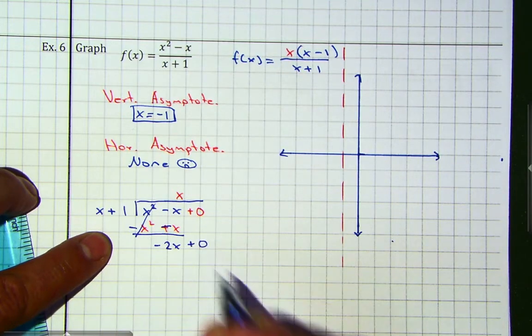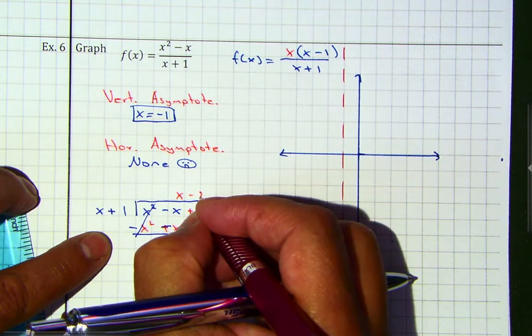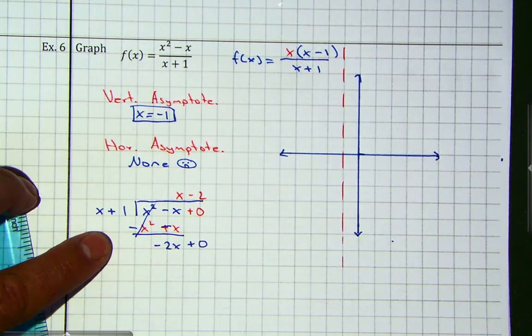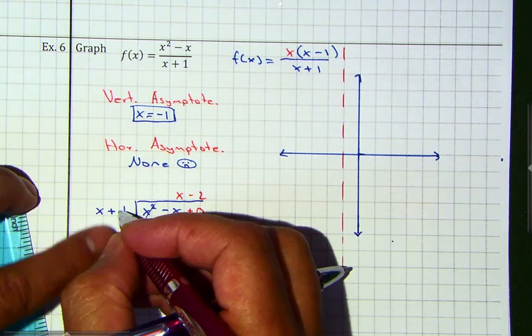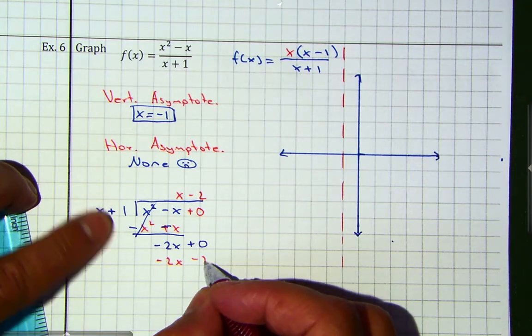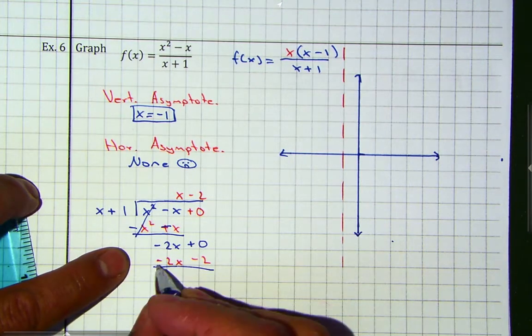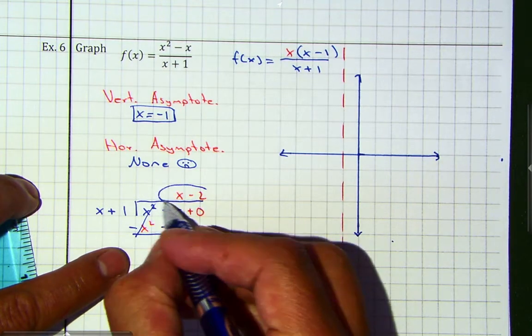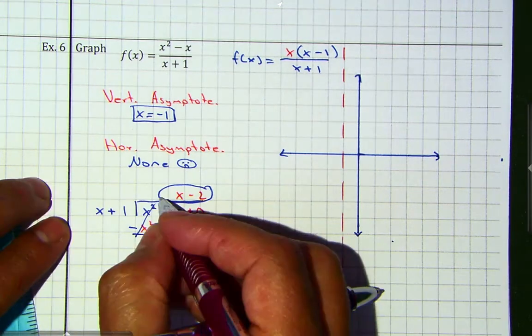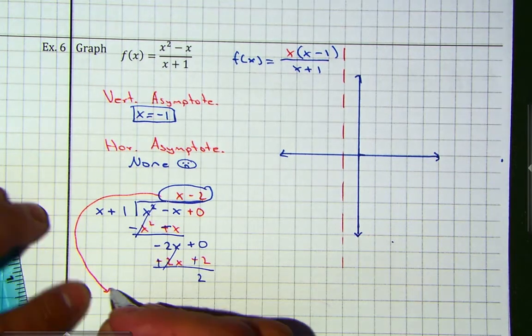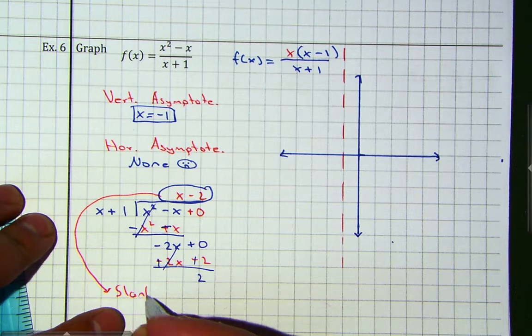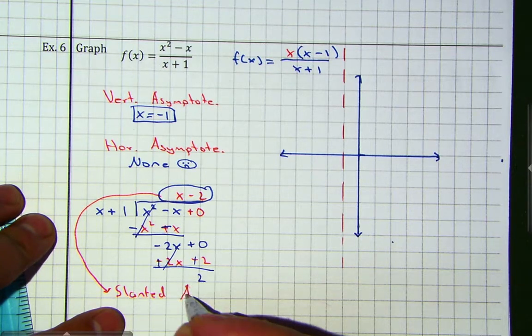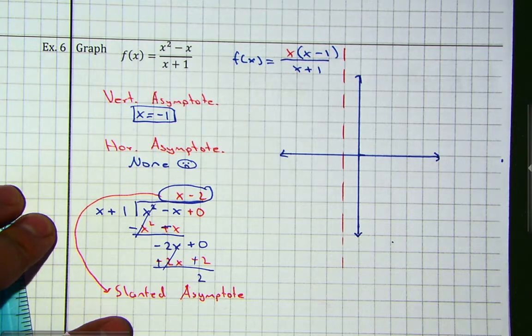Bring down the next term, and I end up with -2. -2 times x is -2x. -2 times 1 is a -2. Positive, positive, cancels, so I end up with positive. This is going to be your slanted asymptote. It will be y equal to x minus 2.